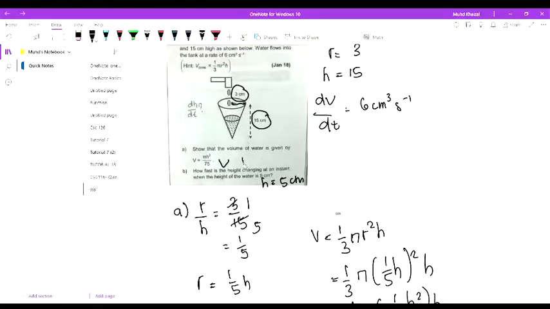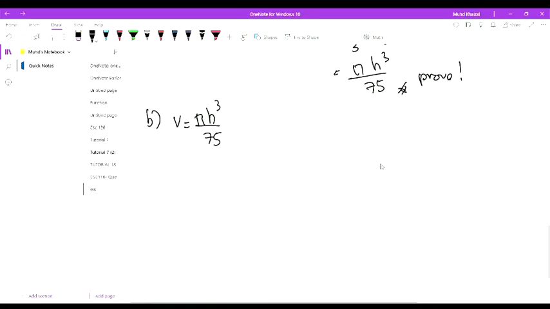So we want to find the rate of change of H, which is dH over dt. So we want to find dH over dt. How to get dH over dt? dH over dt equals dH per something times something per dt.